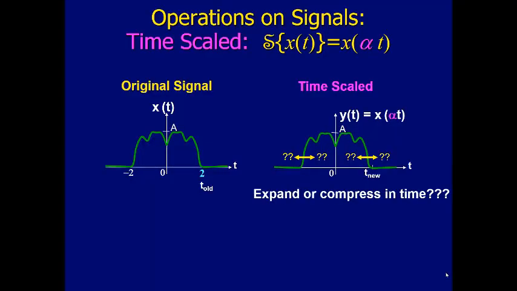The second operation we can do in the time direction is to scale the time direction of a function. That means we're going to be expanding or shrinking along the time axis. Think of a cosine or sine signal when you change the frequency. It spreads out or gets narrower.